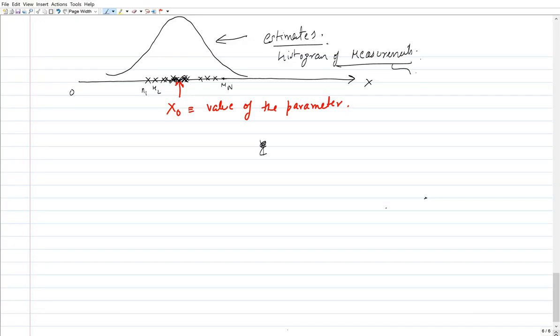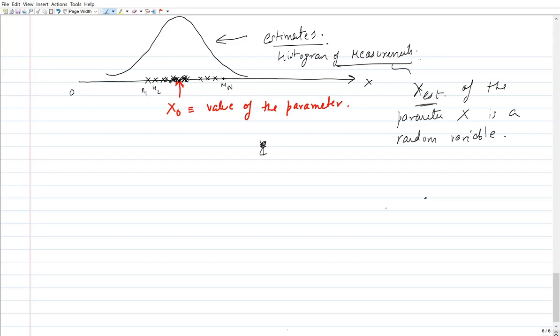In other words, your estimate x_est of the parameter x is a random variable.